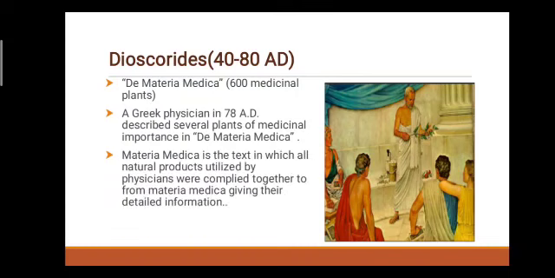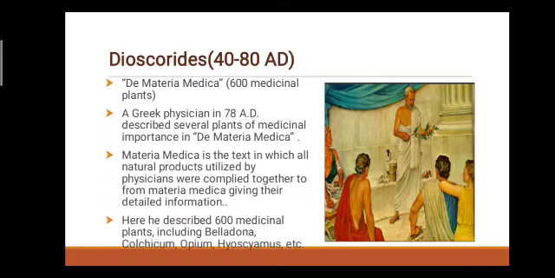Materia Medica is the text in which all natural products utilized by physicians were compiled together, giving their detailed information. Here he described 600 medicinal plants including belladonna, colchicum, opium, hyoscyamus, etc.